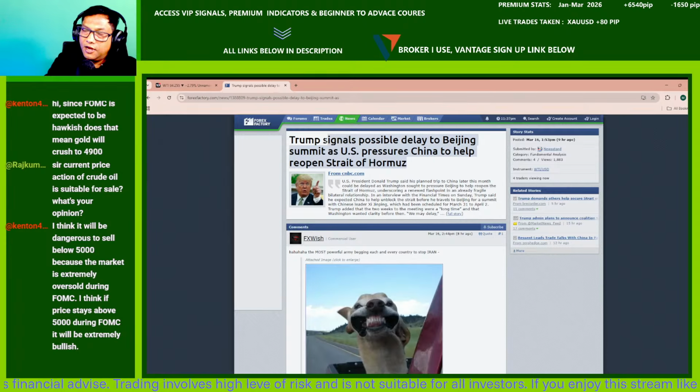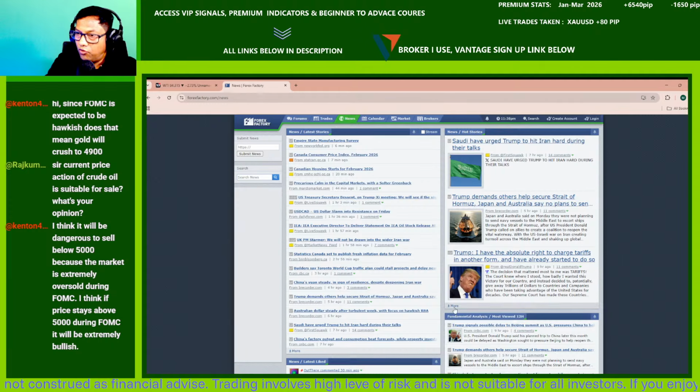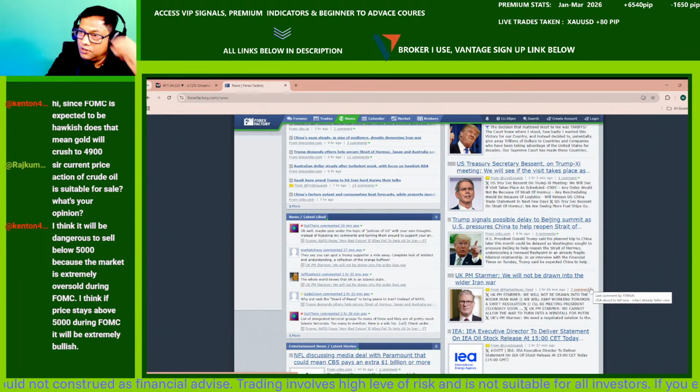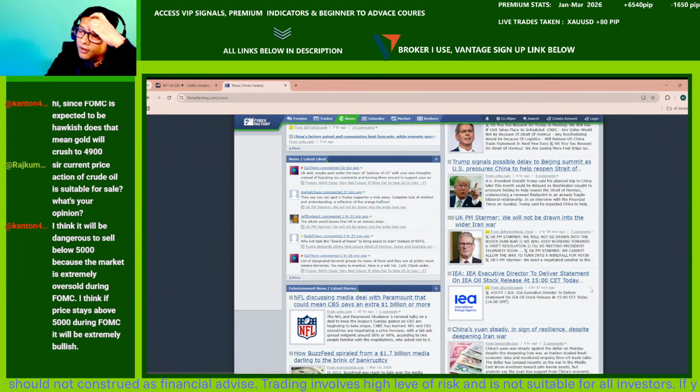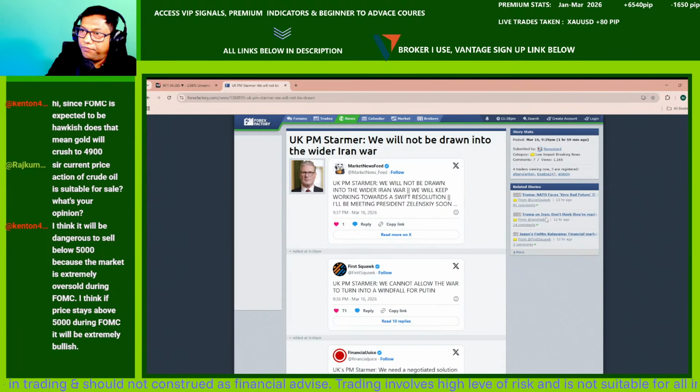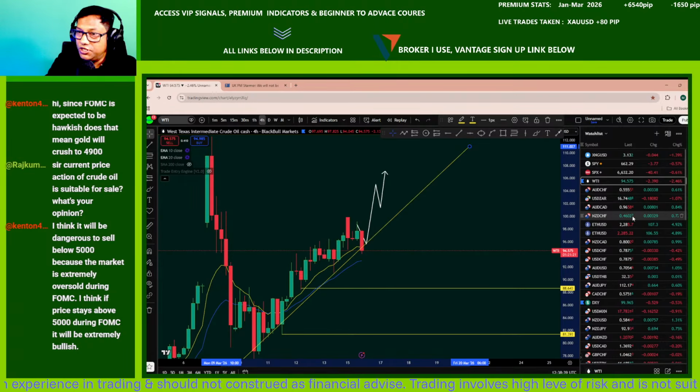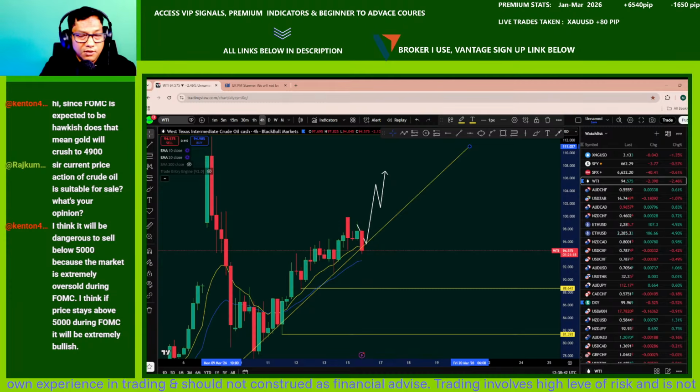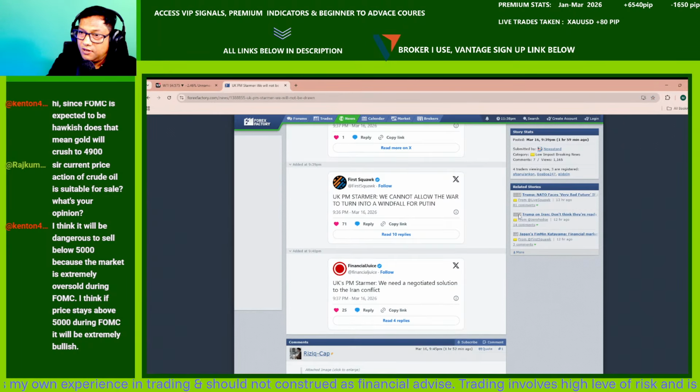This is also important news, following the previous one from other areas. UK will not be drawn into the Iran war. So this is optimism in terms of the oil price. If you look at WTI, I think that's what is creating the drop.